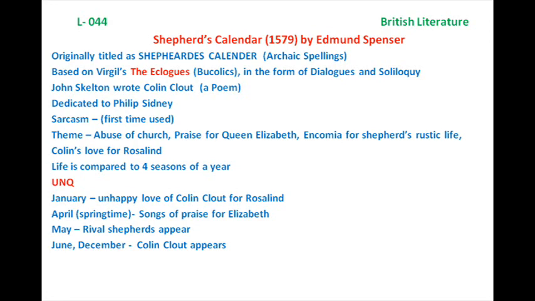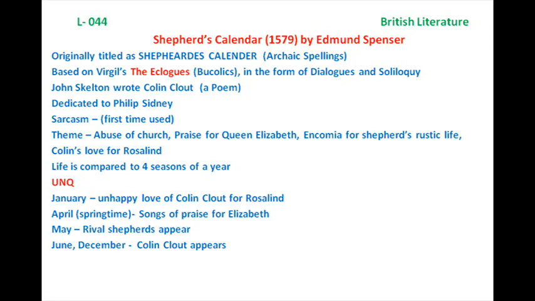In the year we have 4 seasons. So through these 4 seasons, the human life is depicted. So far as the previous year questions are concerned, one question was that Queen Elizabeth is being praised by the poet in which month? That is April.